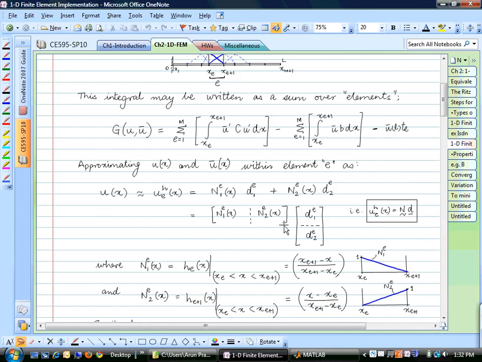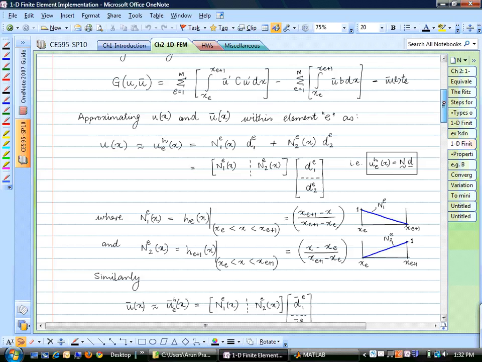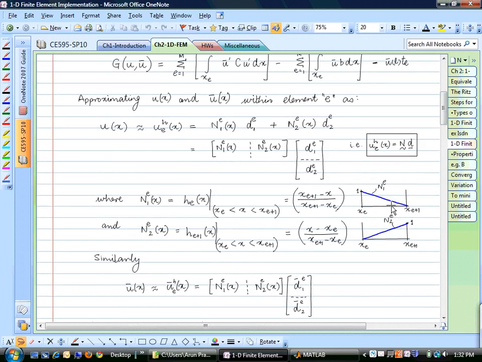This is normally called the shape function matrix N, and this is a standard notation for all types of finite element formulations. You have this shape function matrix N multiplied by the solution degrees of freedom, and if you express it that way, you can see that in the case of our linear shape functions, we just have the first function that has the value 1 at node 1, and it goes to 0.